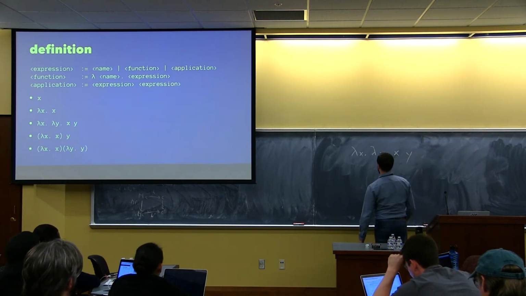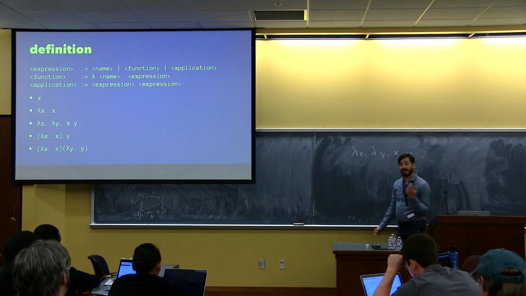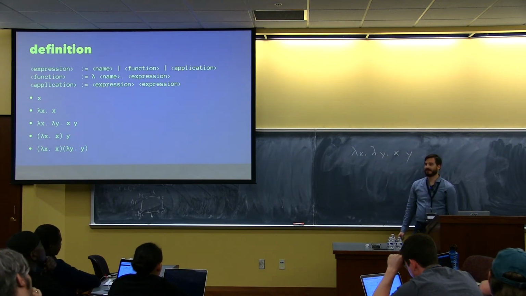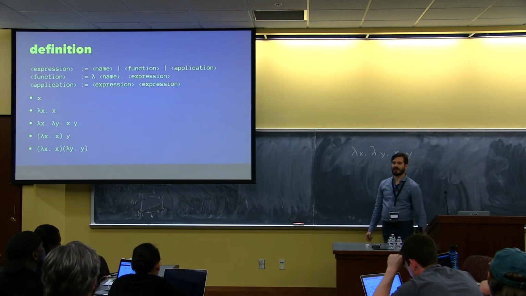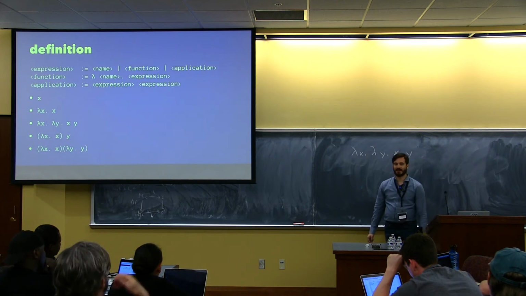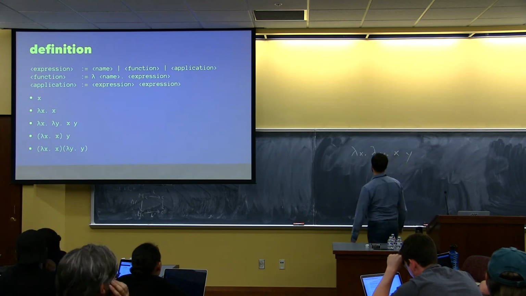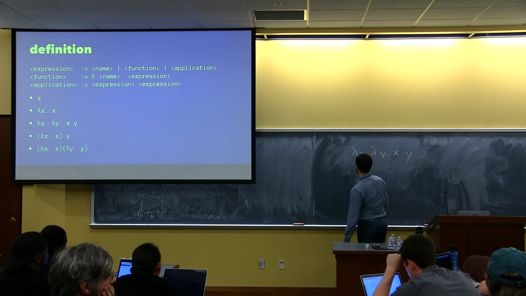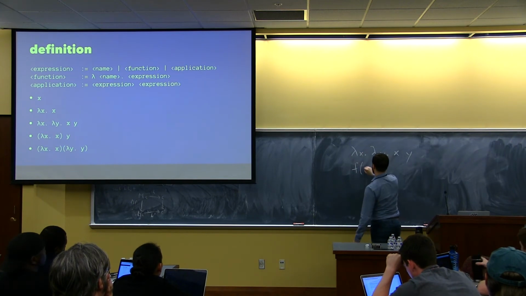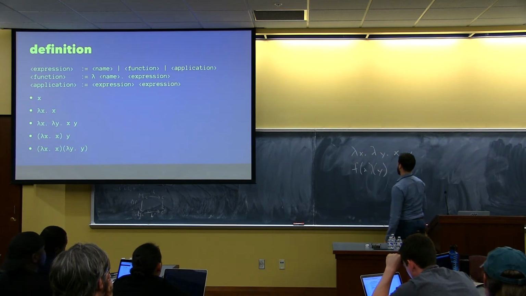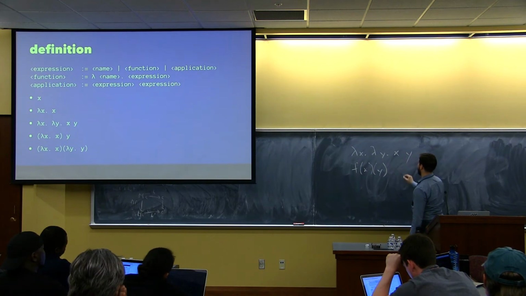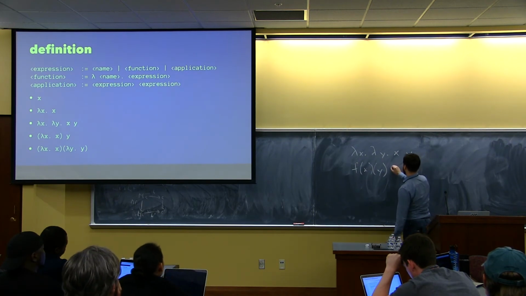Well, does somebody else want to try? I mean, I could do it, but maybe someone else should do it. Don't do it in JavaScript. I mean, I suppose you could have f of x, y, and then you could apply that to 1 and then 2.